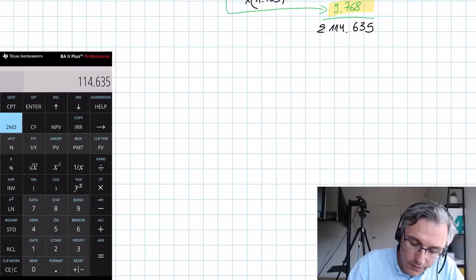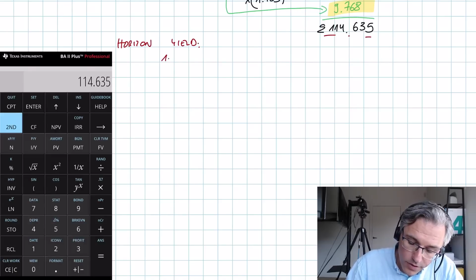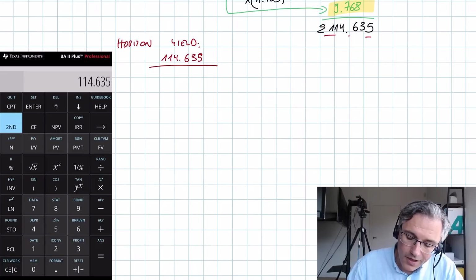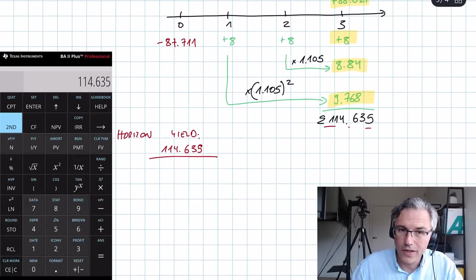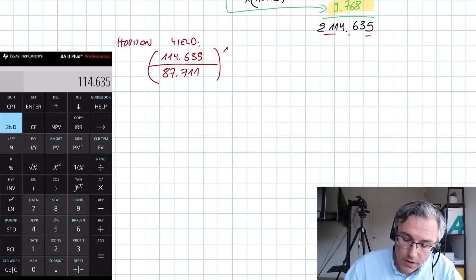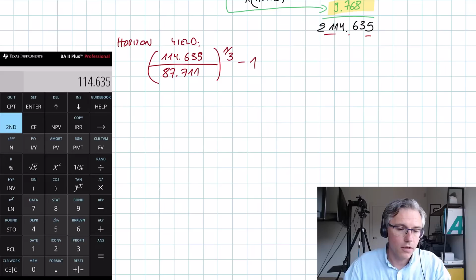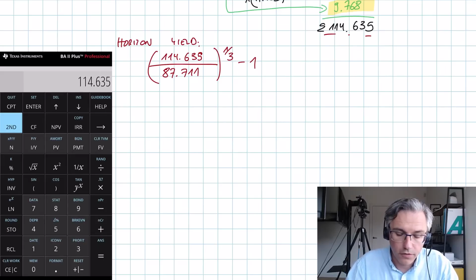Let's calculate it nevertheless. The horizon yield is going to be this 114.635 divided by the initial price of 87.711. Okay, 3-year period, just like before. So raise this to the power of 1/3 and deduct 1. Okay, I've got the 114.635 on my display.